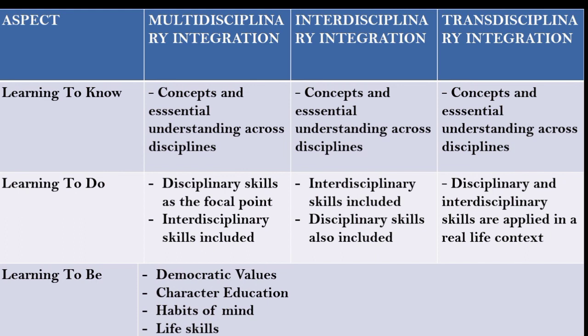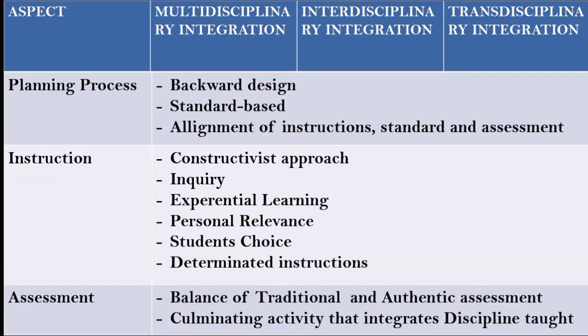In learning to do, disciplinary skills are the focal point, and interdisciplinary skills are also included. In learning to be, there are democratic values, character education, habits of mind, and life skills. In terms of the planning process, instruction, and assessment, the three approaches are all the same.